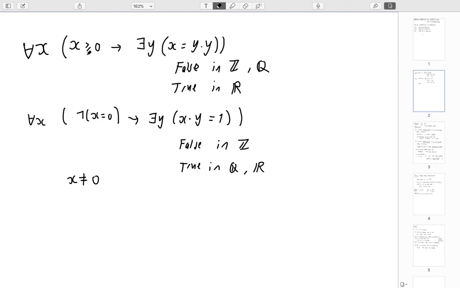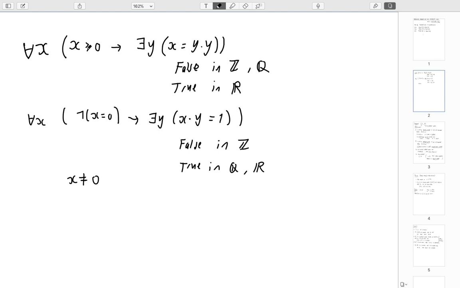In fact, it's not true for all of them, so it's false. But the point is, once the quantifier is here, then it is clear that this formula will have a definite truth value when we interpret it in a given structure. Whereas when the quantifier is not here, then the truth value depends on the value of x.